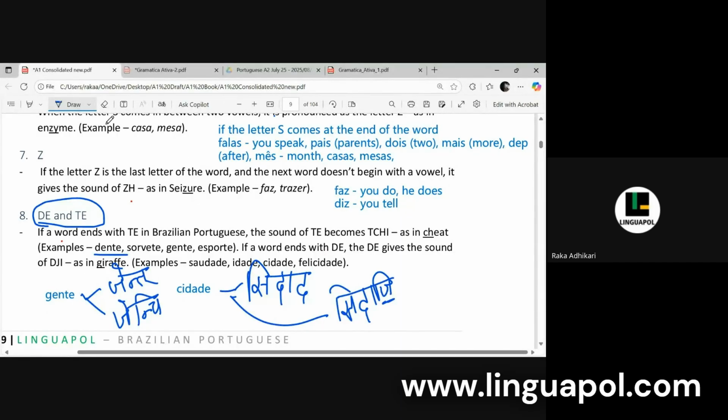Let's look at the second line. Saudade. Saudade means longing. Idade. Idade means age. Cidade. What is the meaning of cidade?